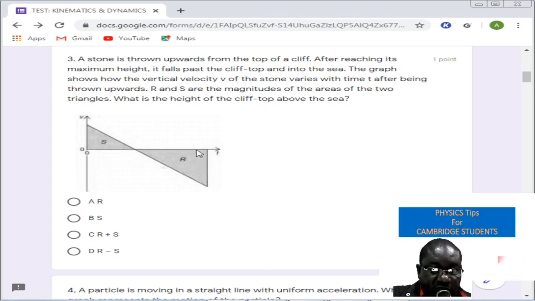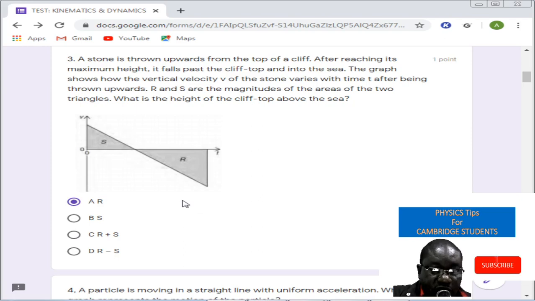When it falls past where it started, that is the top of the cliff, it continues to fall downwards. So there are two areas there. S should cover the distance to get to the maximum height, whereas R contains S and also the part of the distance that comes from the top of the cliff downwards.